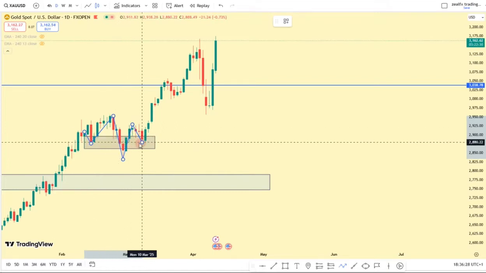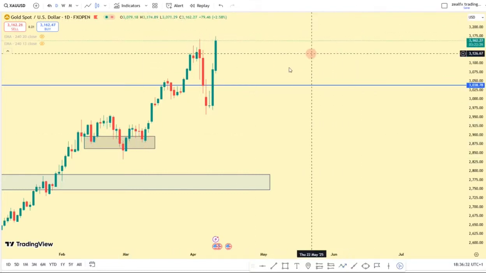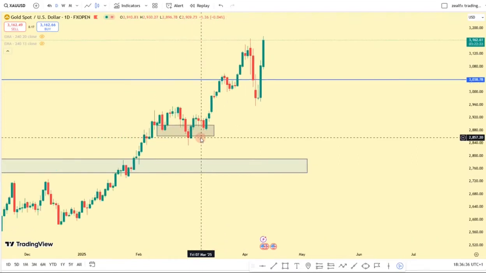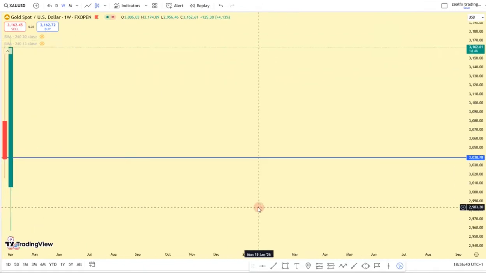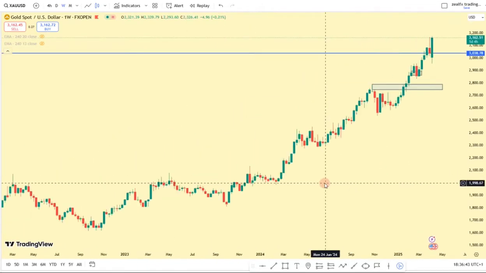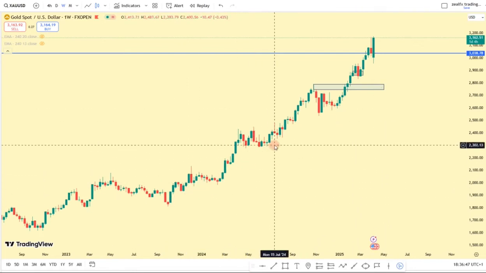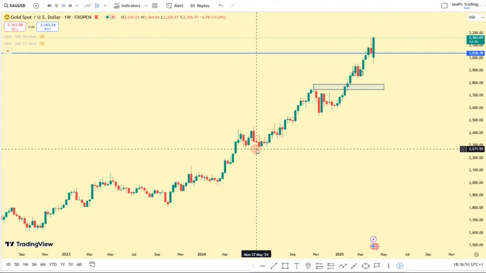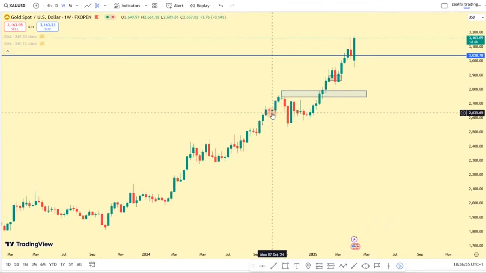The next thing I did was to go to the weekly chart first, to know the candlestick anatomy on the weekly chart. You see how the structure looks on the weekly chart: we have lower low, higher low, higher low, higher low, then higher low, higher low and higher low.